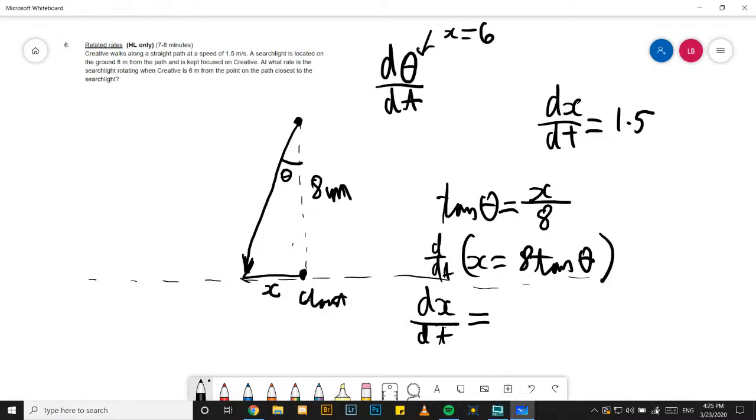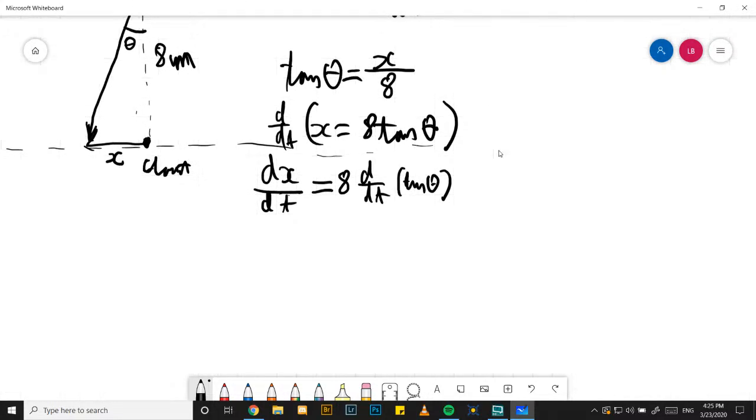We'll also have to use some implicit differentiation here. So d/dt of 8 tangent theta, and I can take the 8 outside for now. The derivative of tangent gives us secant squared theta, and remember we also need to differentiate the inside, theta, because theta is dependent on time. So we end up with d theta dt.